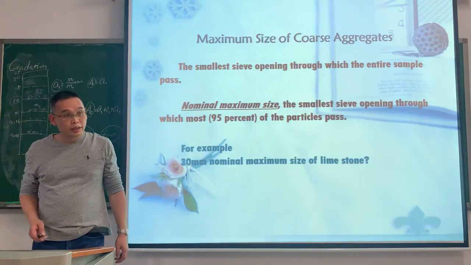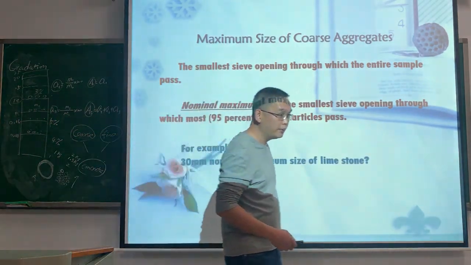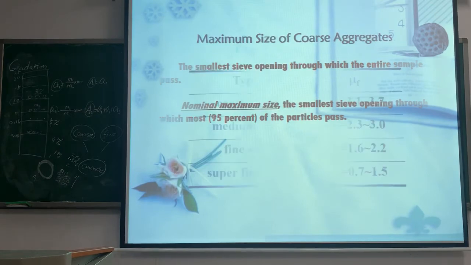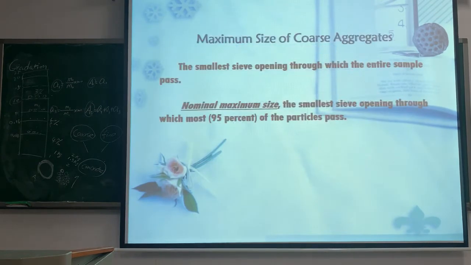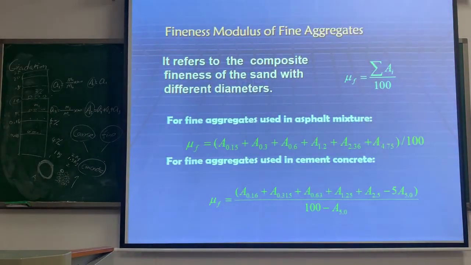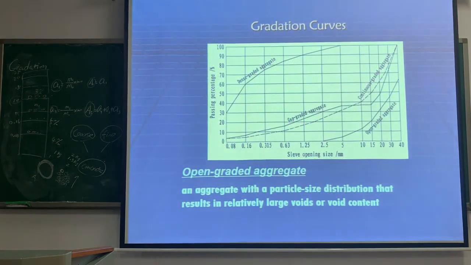From the previous graph, from the first diagram, these curves, yes, we can find the maximum size of coarse aggregate here.